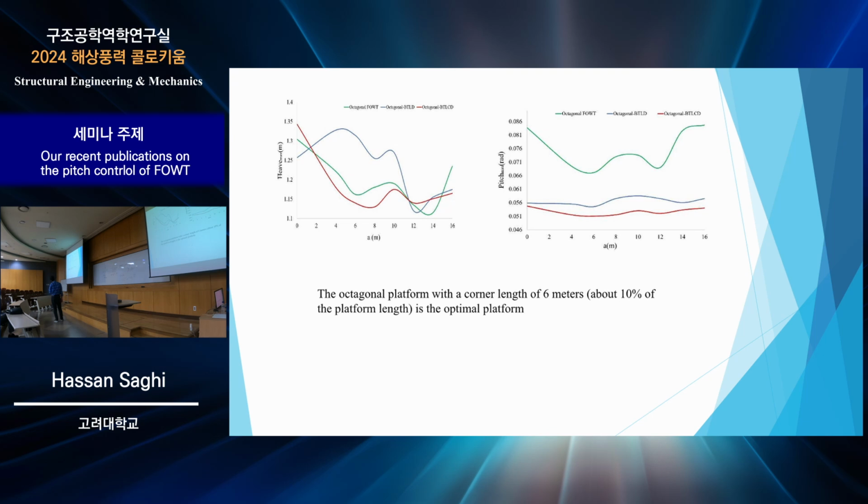The y-axis is pitch and heave. We compare different cases, and in this figure, A is this parameter A. Here we compare different cases and find the optimum geometry for the octagonal.